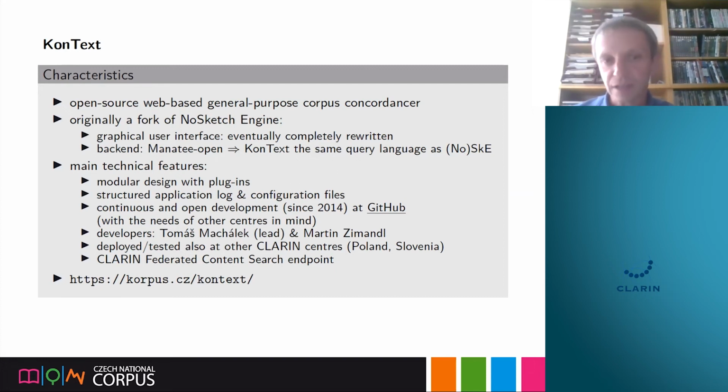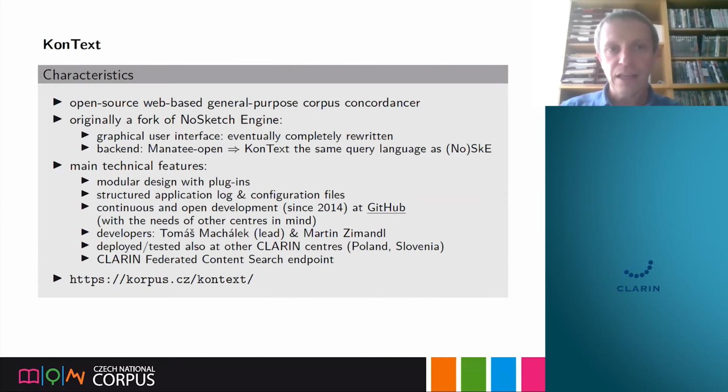KonText can also serve as an endpoint for federated content search, which is a meta search service hosted at the CLARIN Center, where users can put a query and the FCS will then distribute the query across the endpoints, and then collect the results and present them to the user. The canonical installation of KonText is running at corpus.cz/KonText, and that's the newest version that we are using.